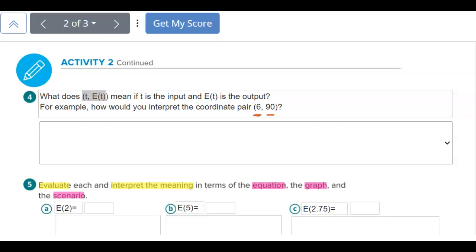So this is $90. That's the interpretation: t, comma, e of t, if t is 6 and e of t is 90, just means that when Marilyn sells 6 t-shirts, she'll earn $90. And this is just a point on the graph, that when the input value is 6, the output value is 90.